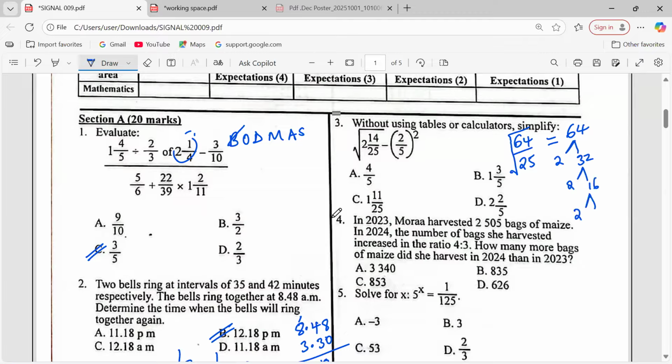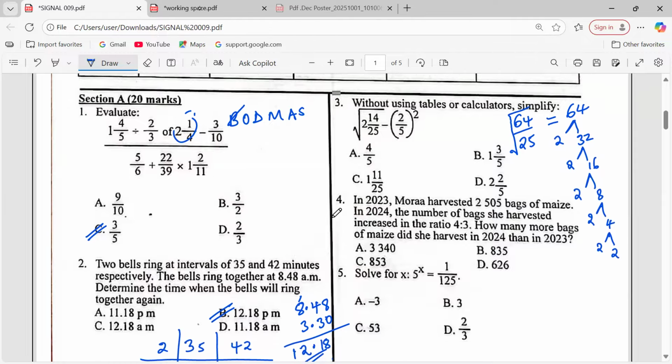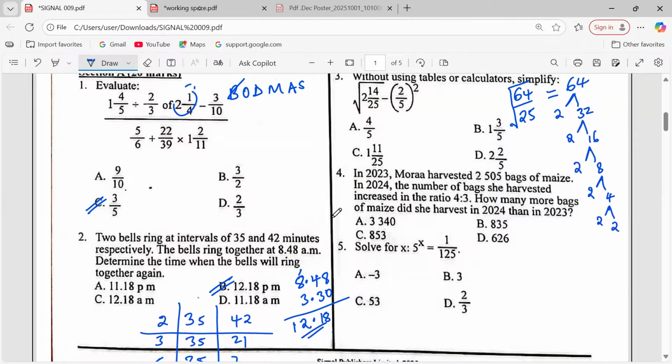By 2, 8. By 2, we're getting 4. And by 2, we get 2, the last prime factor. Therefore, we can now pick the square root of 64 from the prime factors. In every pair of similar factors, we pick only one. For example, in this pair, we pick only 2.